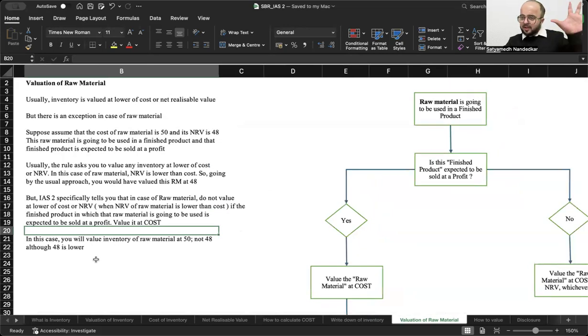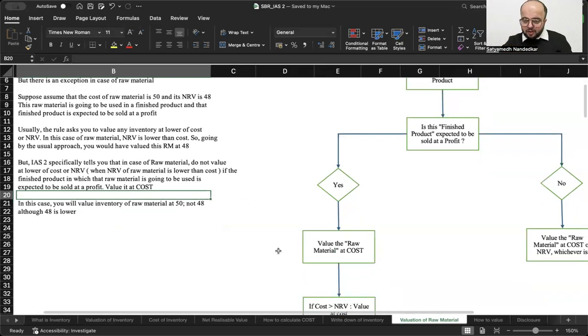To simplify this entire discussion, I will first of all repeat the rule and then I'll explain how to use the flowchart. There is a raw material, with different cost and NRV. The basic principle says lower of cost or net realizable value. But IAS 2 says that if the raw material is going to be used in a finished product and that finished product is expected to be sold at a profit, then in case of raw material, don't do lower of cost or NRV, keep the raw material at cost.